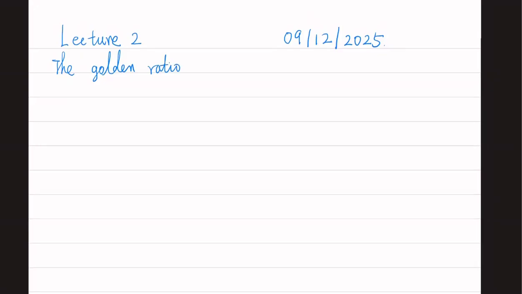So at the end of the last lecture, we introduced this golden ratio. It's a number with certain properties. Consider an interval. So we break this interval at a certain point. This gives us two ratios.